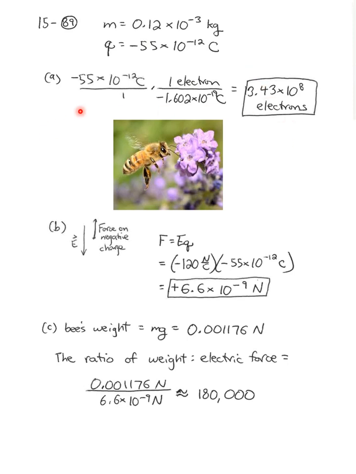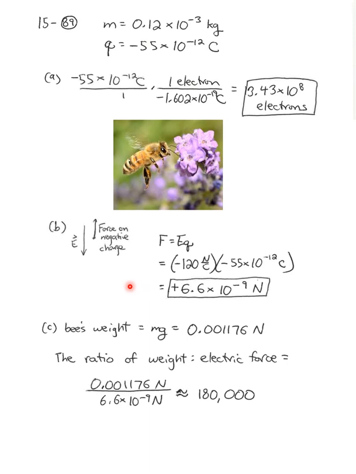So we'll take negative 55 times 10 to the negative 12 coulombs multiplied by 1 electron over negative 1.602 times 10 to the negative 19 coulombs. And so you should get that it's picked up 3.43 times 10 to the 8th electrons.